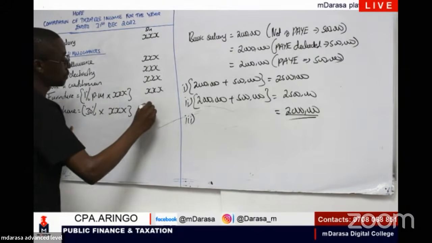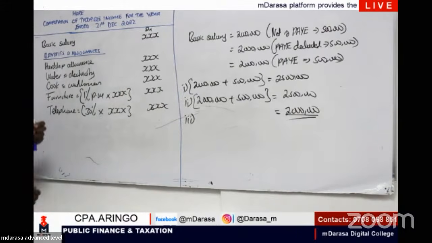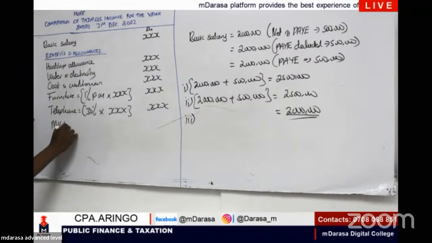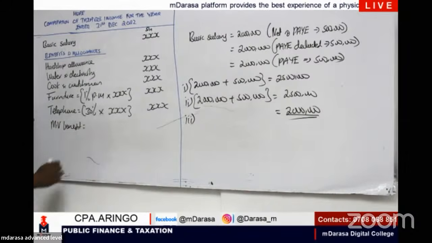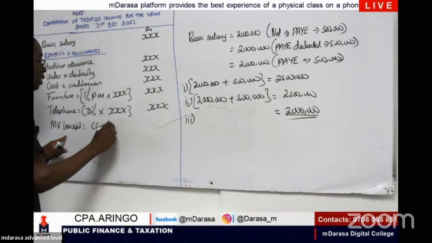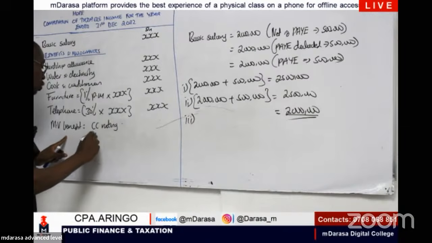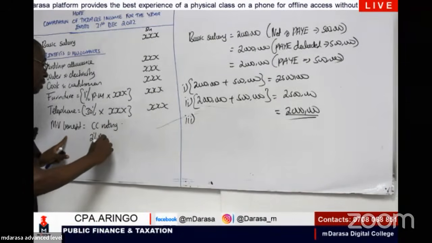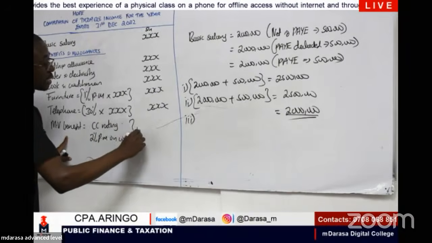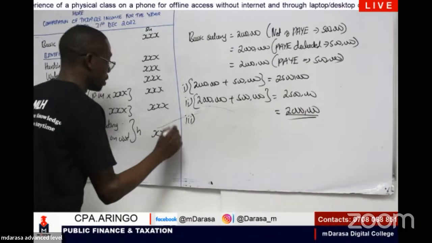We put it here, right? We talked about the aspect of motor vehicle benefit. We said I'll be comparing the CC rating of the motor vehicle with 2% per month on cost of the motor vehicle. Whichever is higher is the one that you're going to consider as our benefit. We put it there.